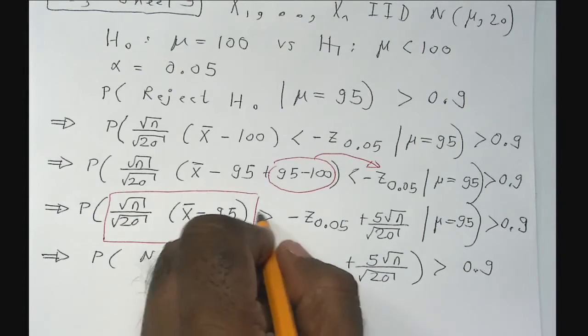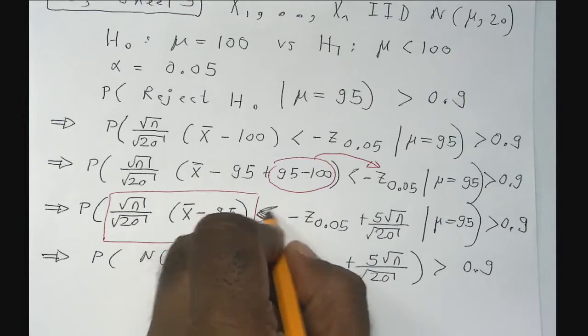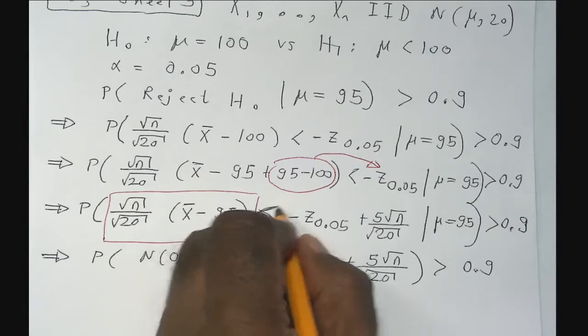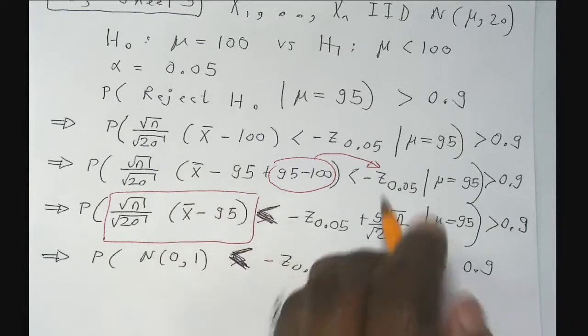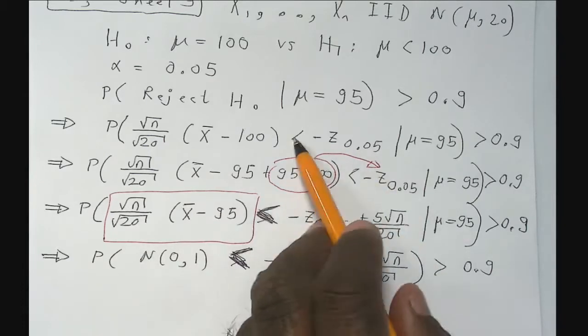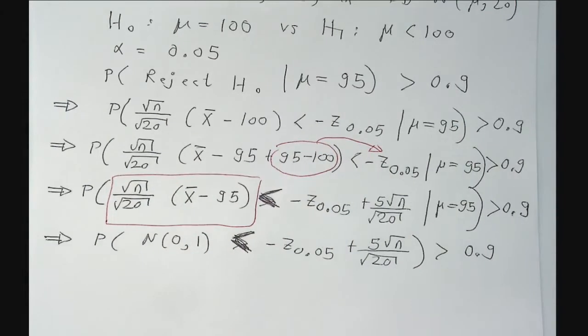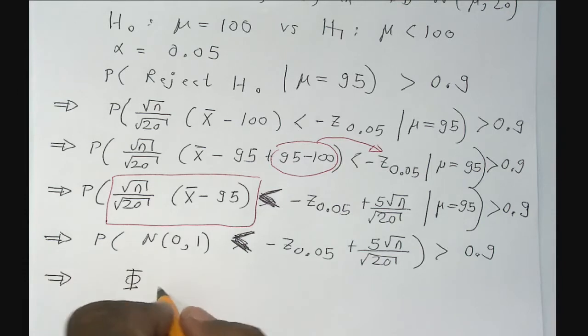Stupid of me to do this. This is less than, right? This is all less than, not greater than. Less here, okay? Did you notice that? I'm sure some of you noticed this. Alright, so what you have is phi.